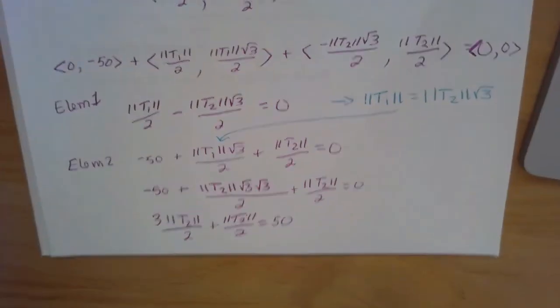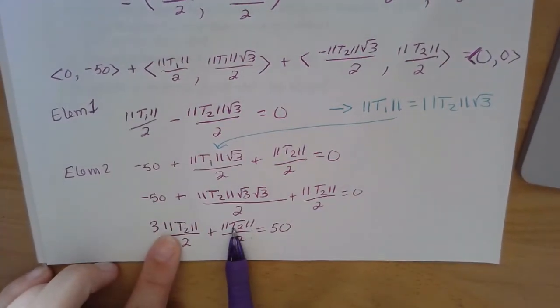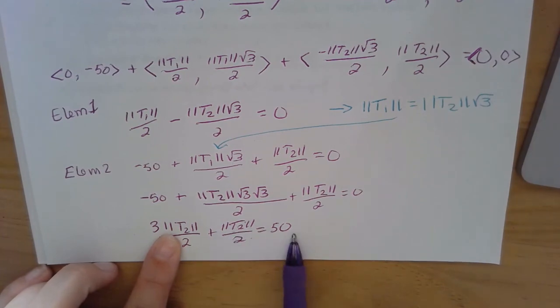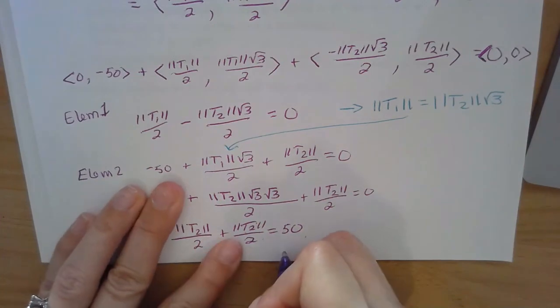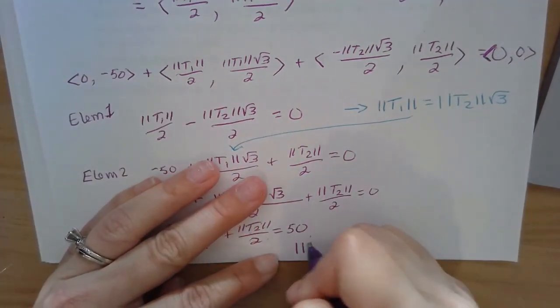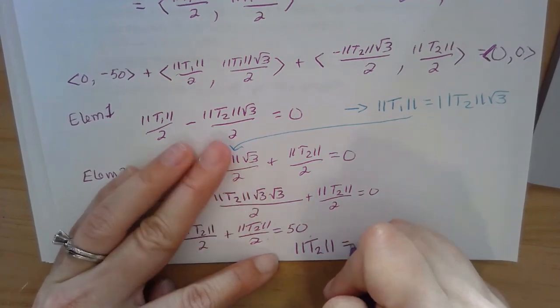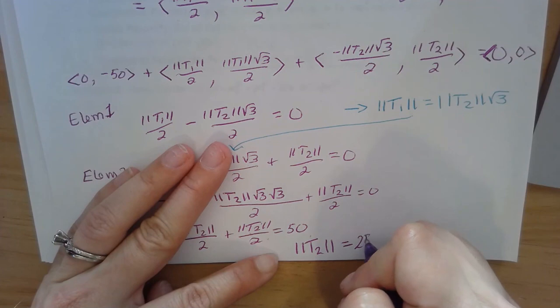So I'm going to multiply both sides by 2, so that gives me 4 tension 2 equals 100. Get rid of 4 by dividing. That means that tension 2 has the magnitude of 25.